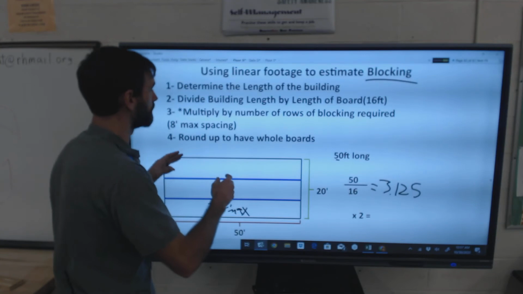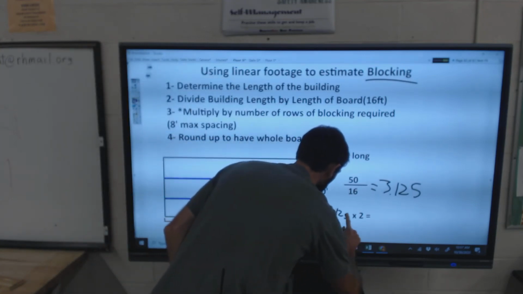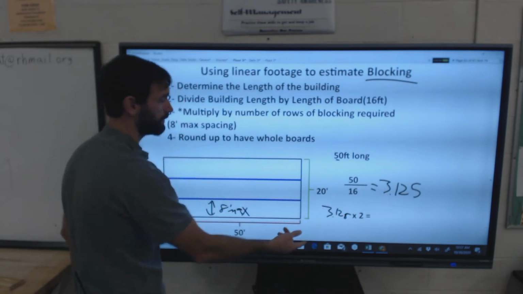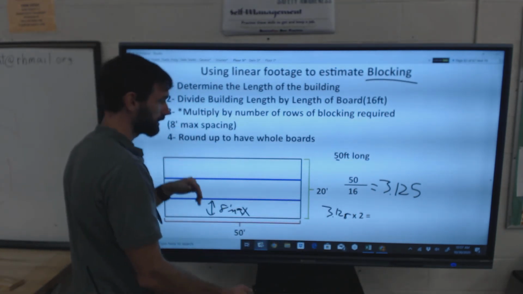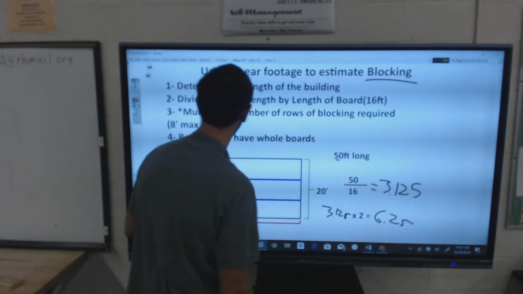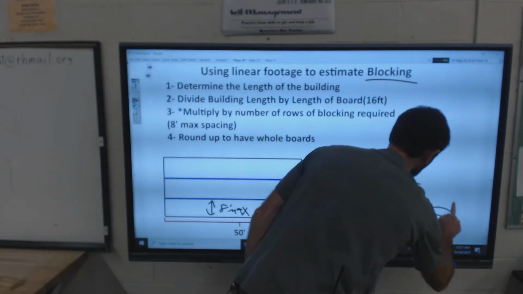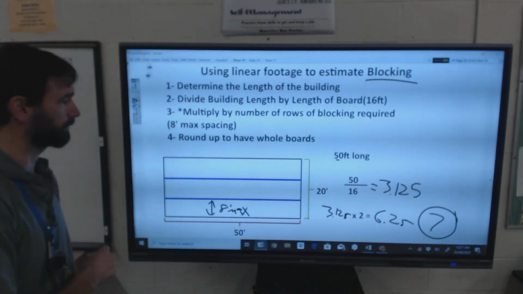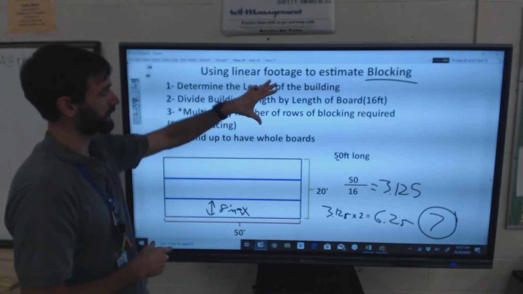So 3.125 times 2, because we're going to multiply by the number of rows of blocking required, is going to be 6.25, and then round up to have whole boards, 7 total. Okay, so that is blocking in a nutshell.